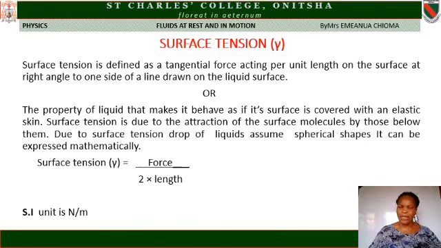Or, it is the property of a liquid that makes it behave as if its surface is covered with an elastic skin. We say that surface tension is that property of a liquid that makes the liquid surface behave as if it is covered by an elastic skin.